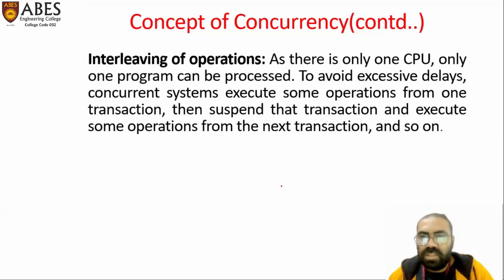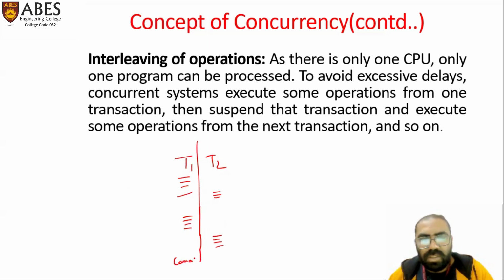As there is only one CPU, only one program can be processed at a time. To avoid excessive delays, the concurrent execution system executes some operations from one transaction, then suspends it and executes some operations from the next one, and so on. So let T1 start and do something, then T2 starts, with interleaving on the CPU between T1 and T2, then commit, and after that the other commit.